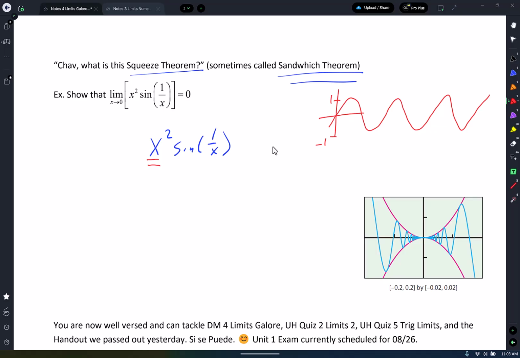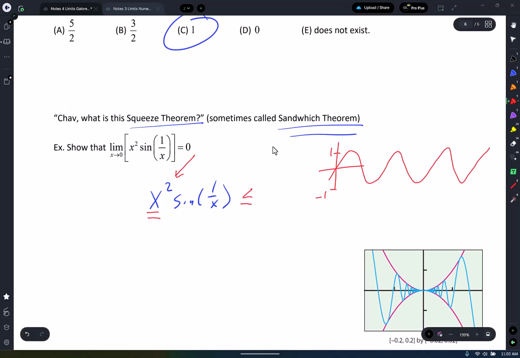So if I have an x squared in the top, this whole function will never be bigger than... What's the biggest it will ever be? You guys know what I'm talking about? Okay, let me make something up. 3 sine x. 3 sine x will never be bigger than 3. It will never be smaller than negative 3. Do you guys understand that?